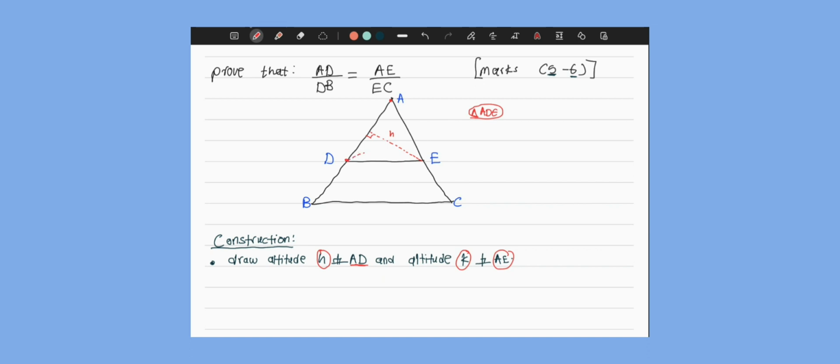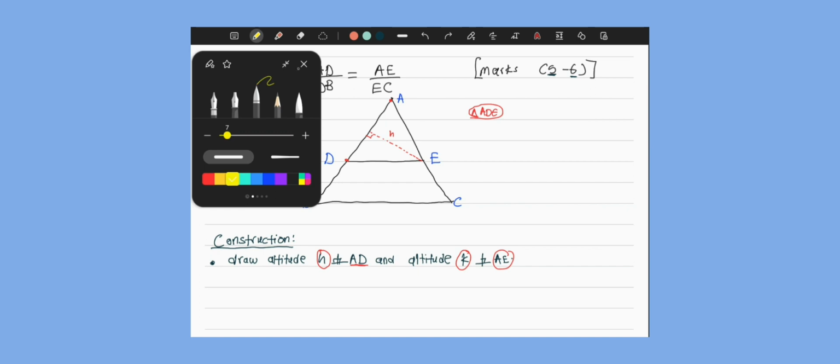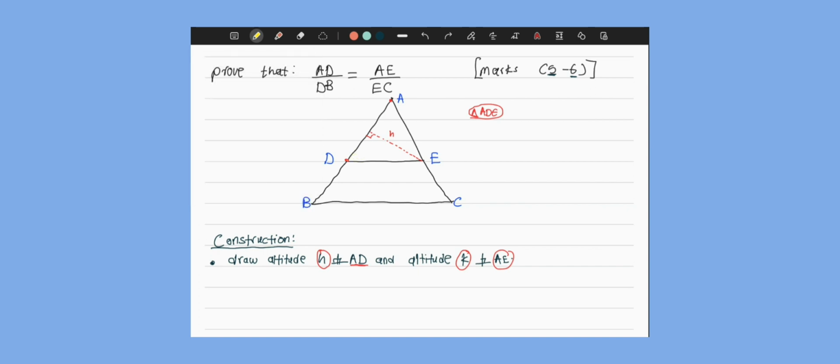Sorry, I want to use a different pen here so that it really makes sense. Let me choose this one. I draw the altitude going there. This altitude, I'm going to denote as K. Okay, I'm done with the first construction, for drawing the altitude.